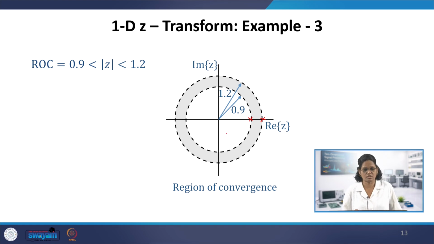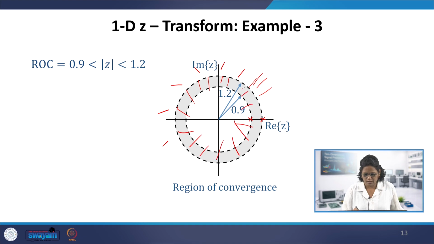Here is the two-sided sequence. Greater than 0.9 would go in this region, whereas less than 1.2 would be in this region, right? So the ROC is the intersection of these two. That is how we need to see that this ring is the region of convergence for this case: greater than 0.9 and less than 1.2.